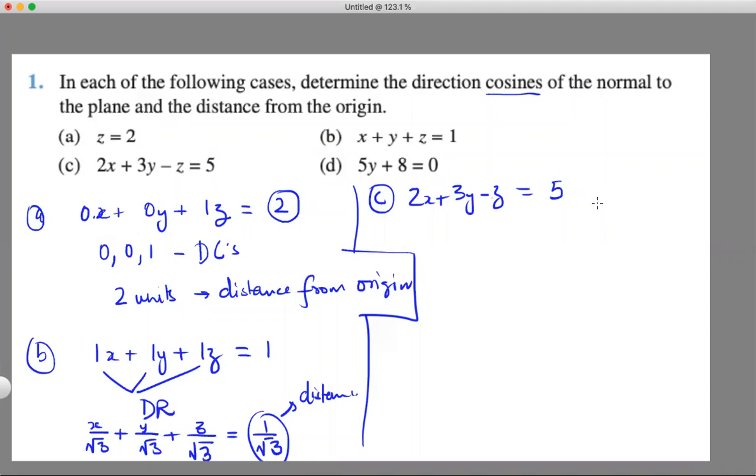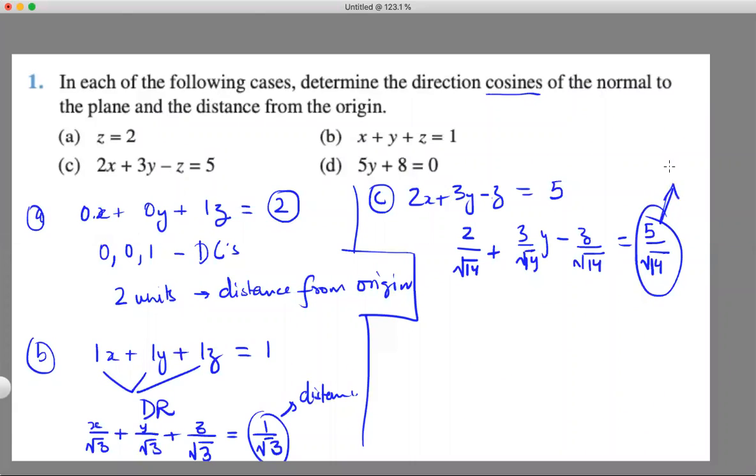Let's just divide this equation by under root 14. So it will become... okay. This is the distance. And these three are the direction cosines.